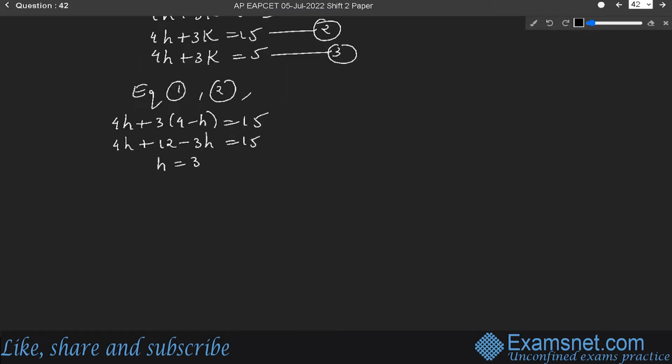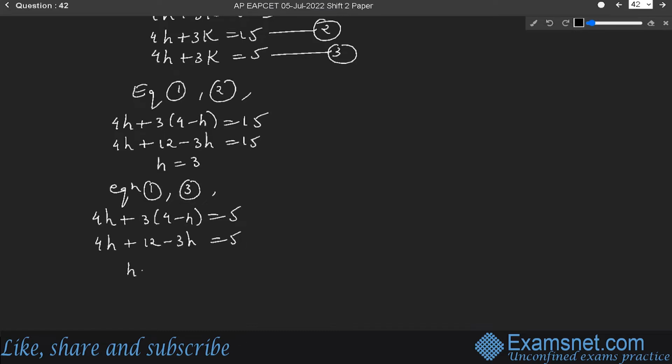Similarly, on solving equation 1 and equation 3, we get 4h plus 3 into (4 minus h) is equal to 5, which will be 4h plus 12 minus 3h is equal to 5. So, h will be equal to minus 7. Therefore, if h is equal to minus 7, then from equation number 3, we have k is equal to 11. And if h is equal to 3, then from equation number 1, we have k is equal to 1.